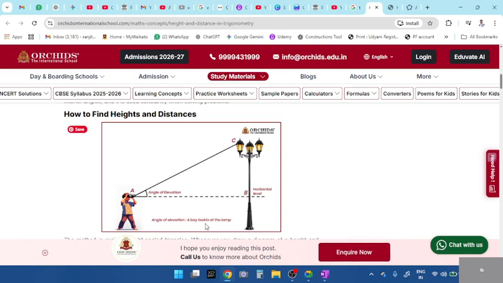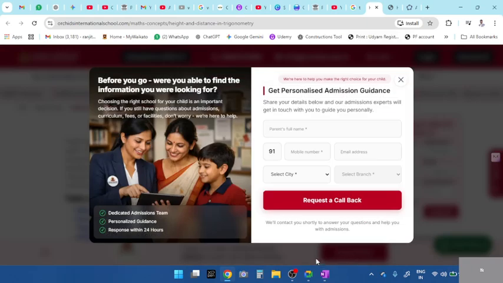If the boy looks at the lamp, he has to lift his head a little above and look. This becomes the angle of elevation. The meaning of elevate is to lift. So if you lift your head and look at the lamp, that becomes the angle of elevation concept. So if a person is standing down, these are some practical questions they ask.